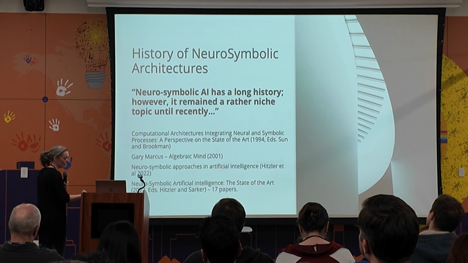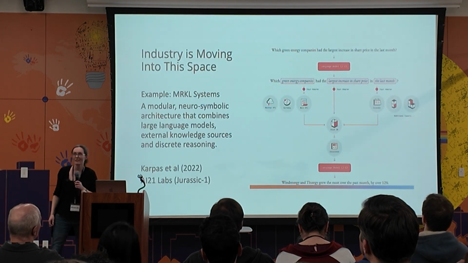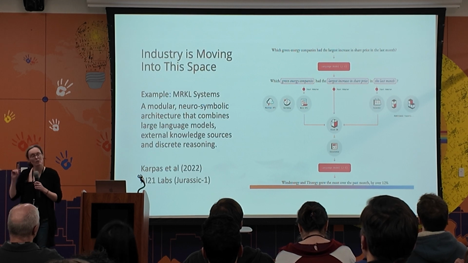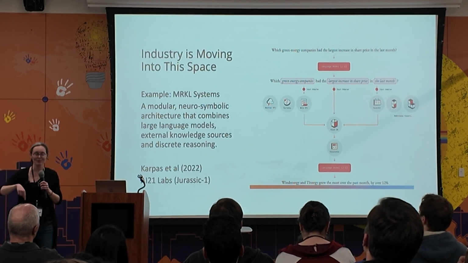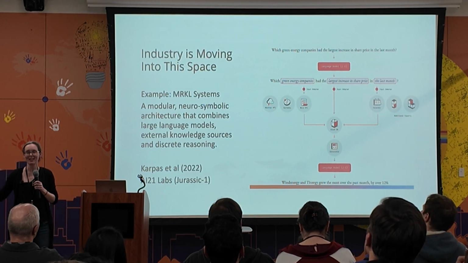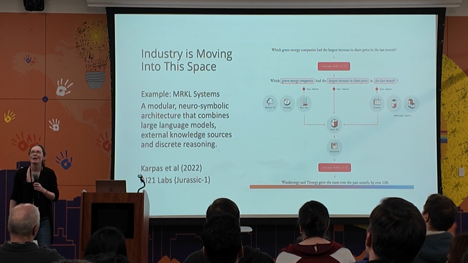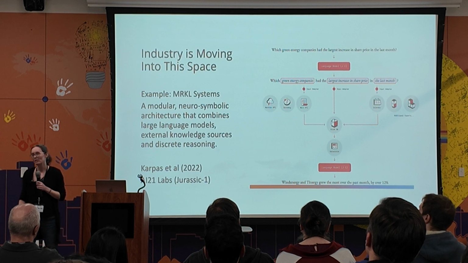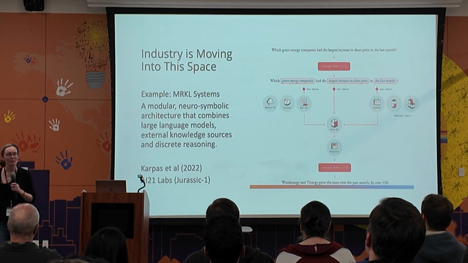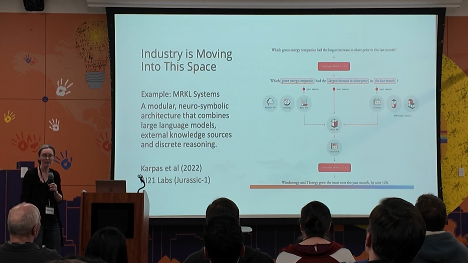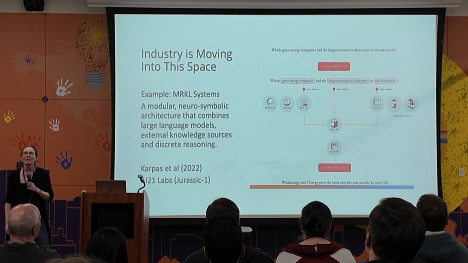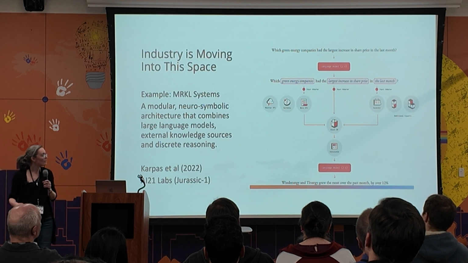And sure enough, we are starting to see industry moving into this space. I showed you the Google example that came out in January, but before that, I was just going to show you this example because I didn't know about that before. This was an example from 2022, AI21 Labs. They are the lab responsible for creating the Jurassic-1 language model. And even then, they were saying, you know what, we need to add in decision engines, knowledge engines.